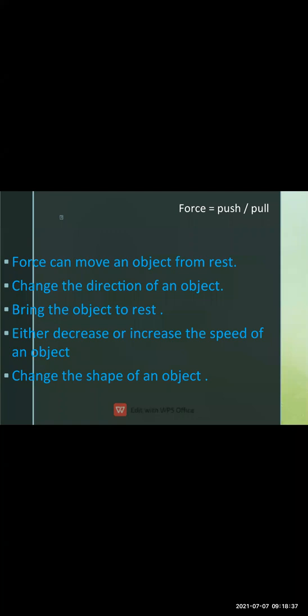Now the force which is applied on the object can be increased or decreased, depending upon how much force is required to move that object. That much force you have to apply. It may increase or decrease.